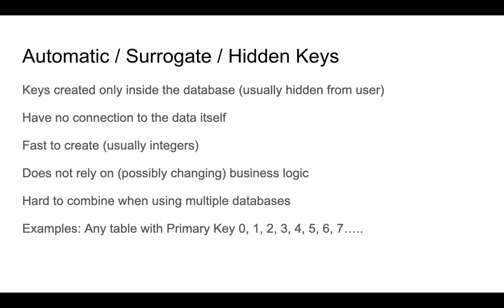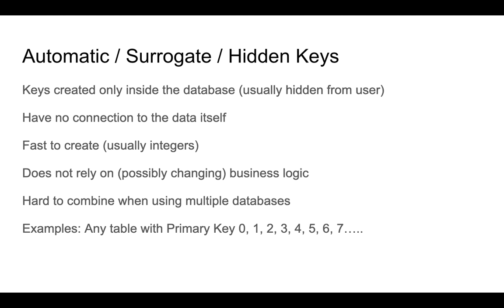So that's like when you create a column in your database that auto increments and is usually called a key or an ID or something like that. But it really has no connection to the data itself. So the number is not related to the rest of the data in any way.